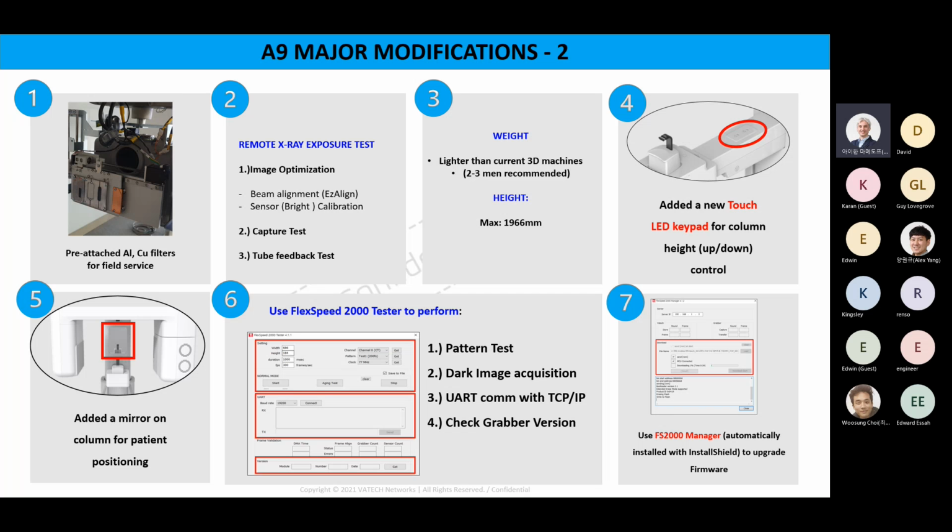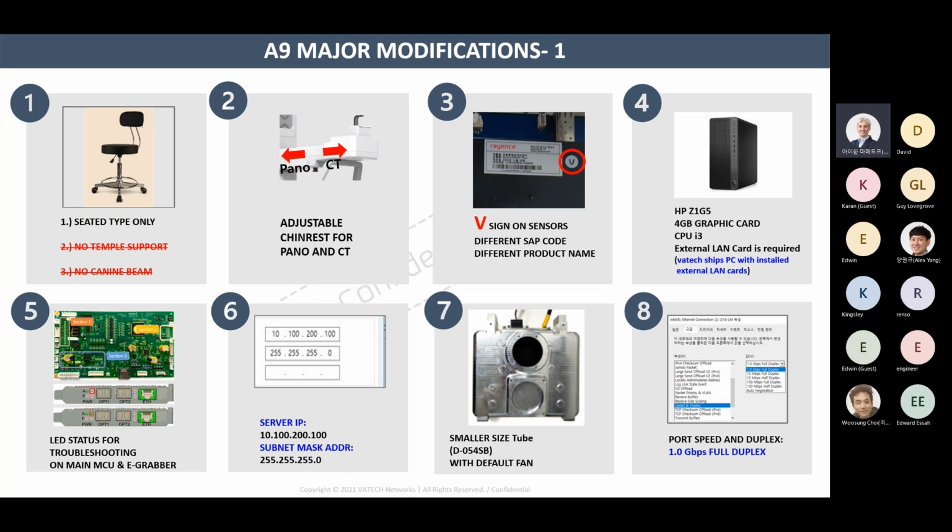It will be downloaded and installed automatically along with InstallShield. So whenever you install InstallShield on the PC, this program will be automatically installed, so you don't have to install it separately. All right. These are the major modifications for A9.